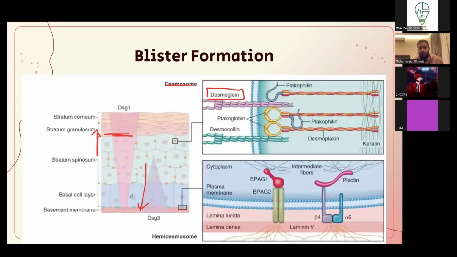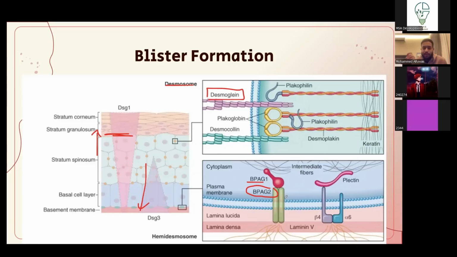The other aspect is affecting the hemidesmosomes. The hemidesmosomes anchor the epidermis to the dermis. That's it. Obviously, there are other things involved, other types of collagen, and we'll get to this later. But the most important thing that I want you to remember is BPAG2. There's also BPAG1, but BPAG2 is more important.